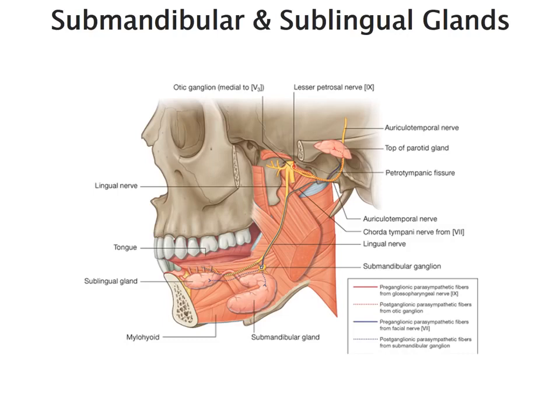This image is simply meant to reinforce the pathway of the pre- and postganglionic parasympathetic fibers. Again, the preganglionic parasympathetic fibers originate from the facial nerve, cranial nerve number 7. They are conveyed through the chorda tympani, and those preganglionic fibers meet up with the lingual nerve to be carried to the submandibular ganglion.